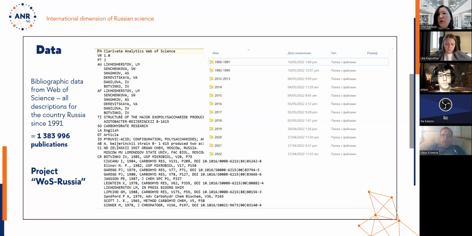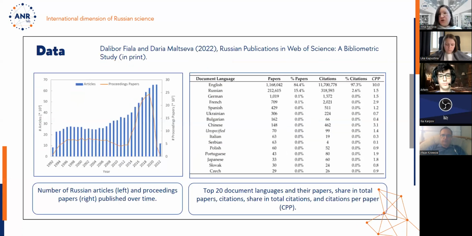Overall, this very huge data set accounted for 1.3 plus million publications, and we decided to call this project Exploring International Collaborations in Web of Science, and shortly we call it the WoS Russia project.